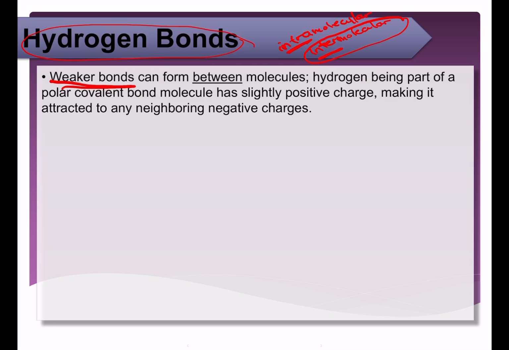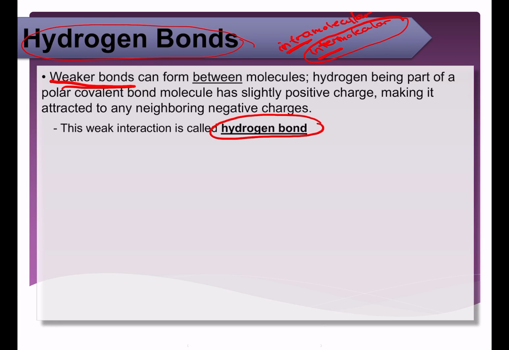So for example, remember we talked about how water is formed by polar covalent bonds, where the oxygen has a slightly negative charge while the hydrogens have a slightly positive charge. What happens is that multiple water molecules can interact with each other through these slight charges, and we call these hydrogen bonds.